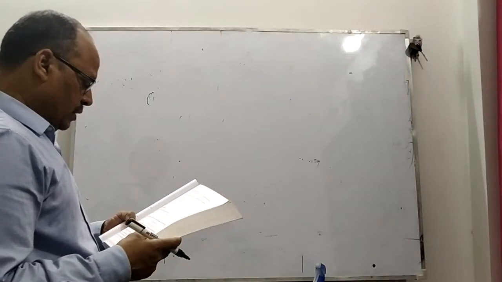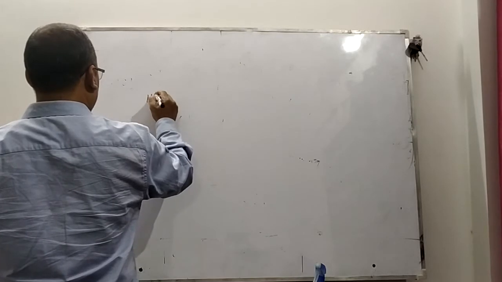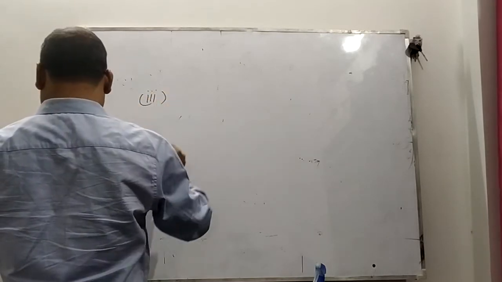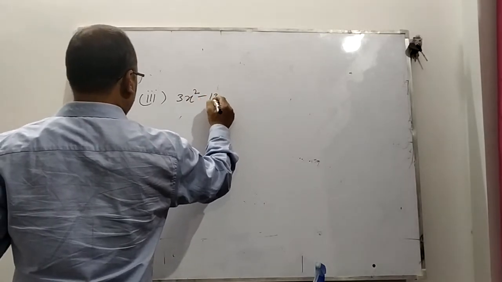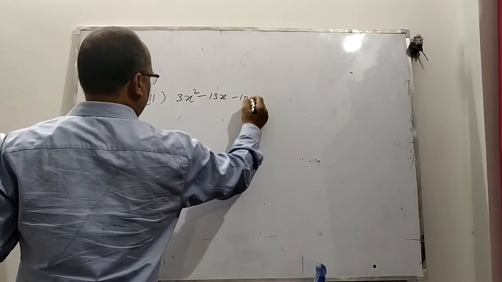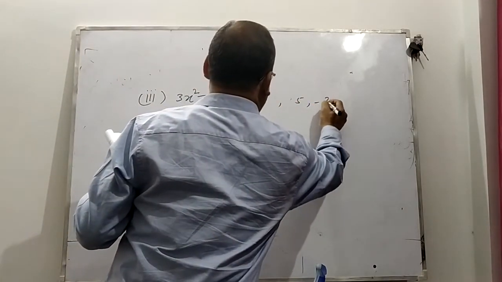Now you will see some more questions, question number 3 of this. 3x square minus 13x minus 10 equal to 0, where the values given are 5 and minus 2 by 3.